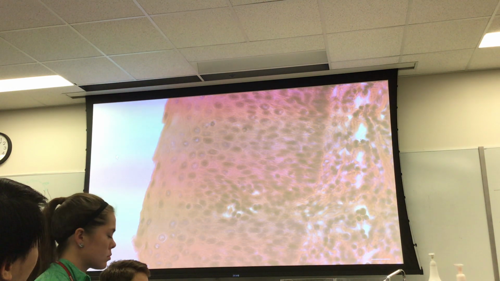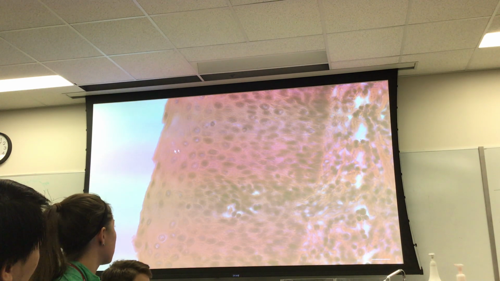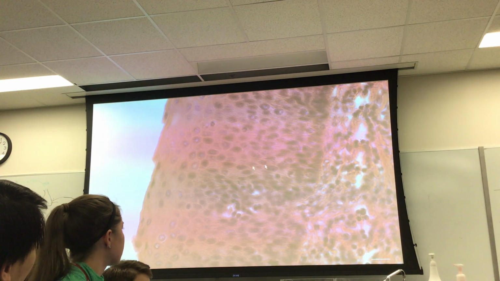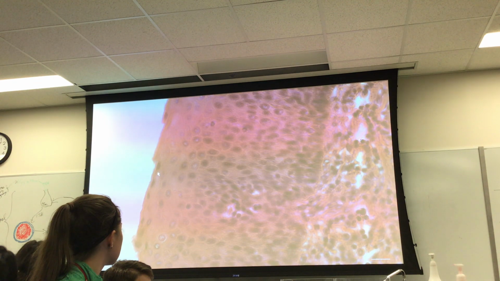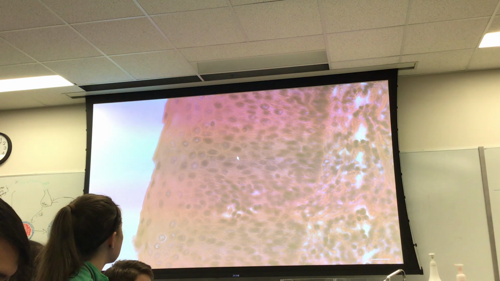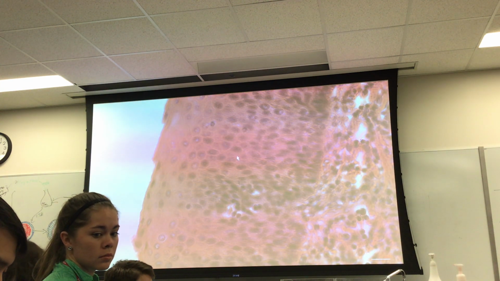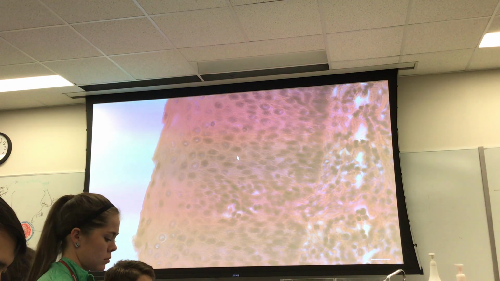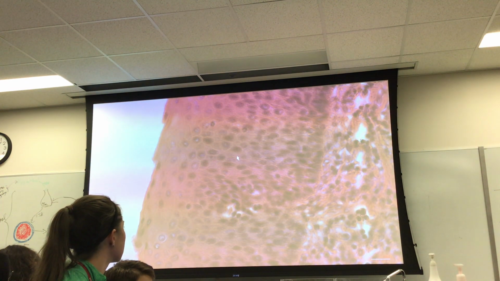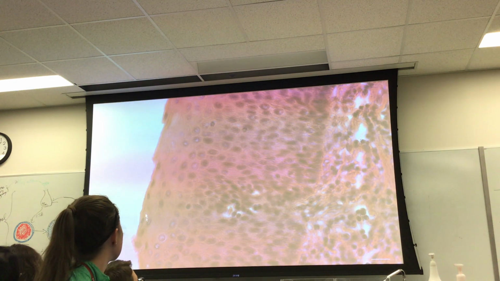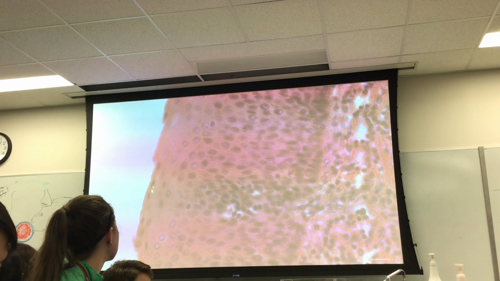Step 2, is it simple or stratified? This one's definitely stratified, right? There are cells out here which can't possibly touch the basement membrane. But now we've got a decision to make. Is it stratified columnar? You name it by the surface cells.